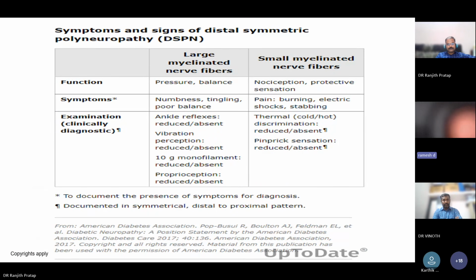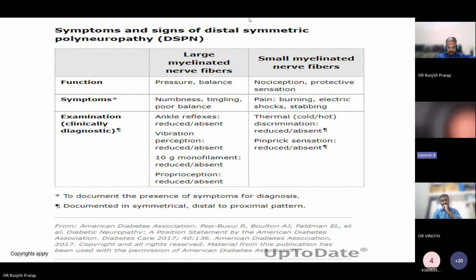With the use of simple parameters, based on the large fibers and small fibers, we can divide the functions of the foot. The large fibers are mainly for pressure and balance function. If the large myelinated fiber functions are lost, patients may present with numbness, tingling sensation, and balance abnormality.